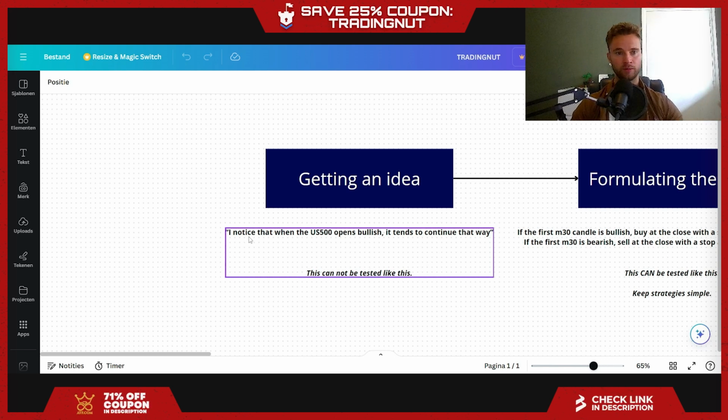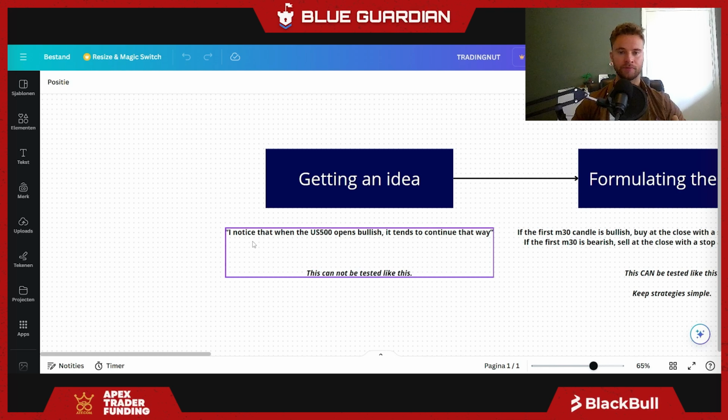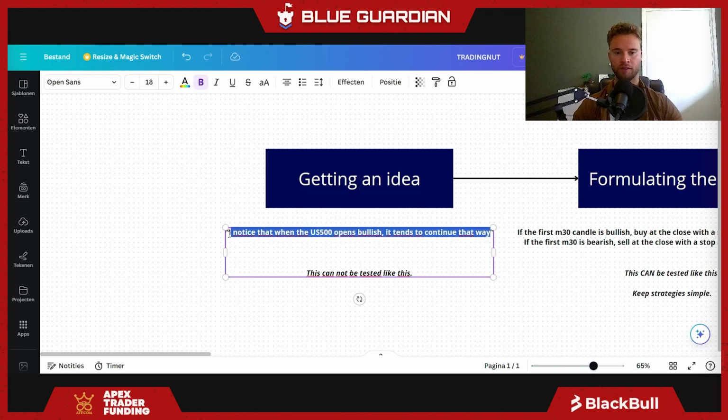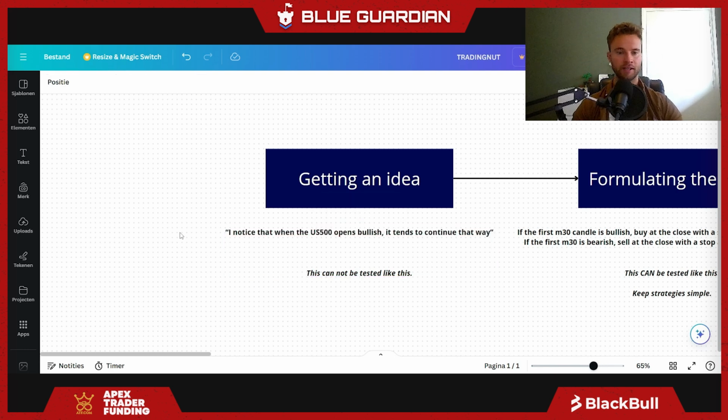It starts with reading an article. It starts with listening to an episode of Trading Nut and someone explaining something about their strategy. So it's just an idea or something you read that someone does successfully. Now, the first thing that you might notice here is it's vague. It's very broad. It's very subjective. I noticed that the US opened bullish, it tends to continue.